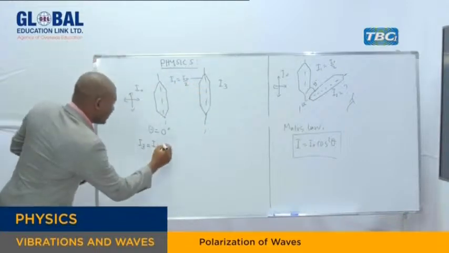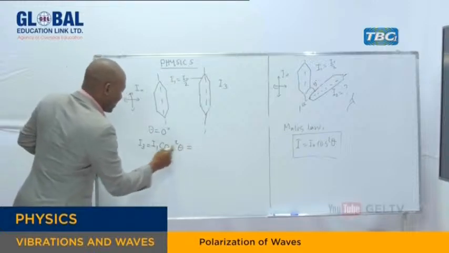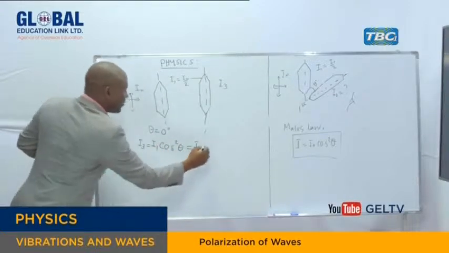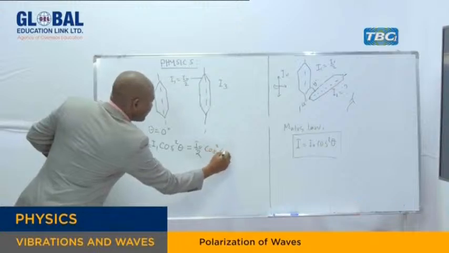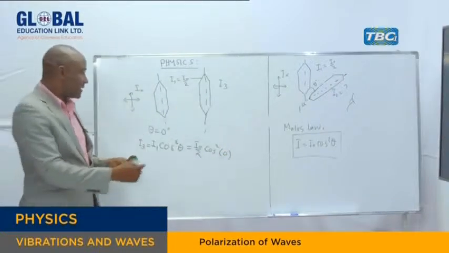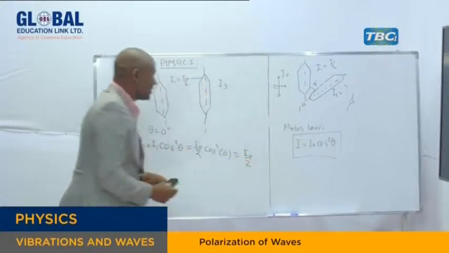It's I1, and then cosine of the angle squared. Our I1 is I naught over 2. Cosine squared of 0. We know cos of 0 is 1. So we get the same answer here, I naught over 2.